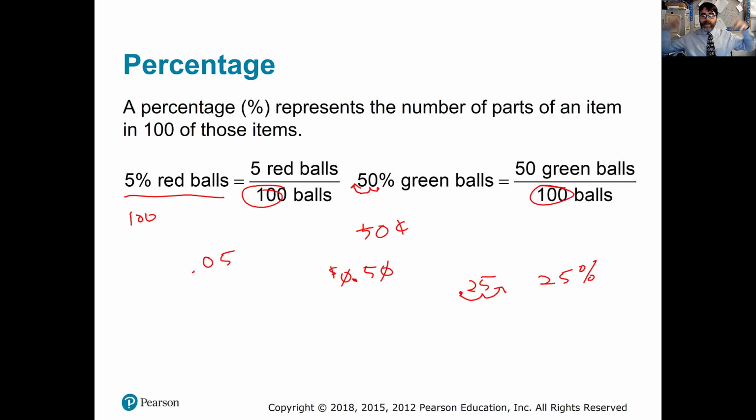Well, if I take a number and divide it by 100, I'm going to be getting a smaller number. And so if I'm going from a percentage to a number, it's going to give me a decimal. And then I can remember that the other direction is opposite, and I'm multiplying by 100. To me, that's how I think through it. Whatever works for you. And if you can figure out how to use the percent function on your calculator, do.